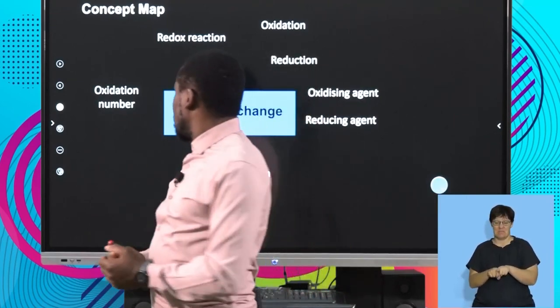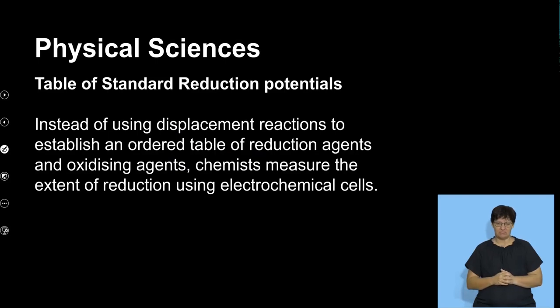Now let's look at another example, okay? But before we do that, the table of standard reduction potential, what exactly does it do? Instead of us using the displacement reaction, because in a displacement we are saying magnesium displaces zinc, so in other words zinc is a stronger reducing agent compared to magnesium.